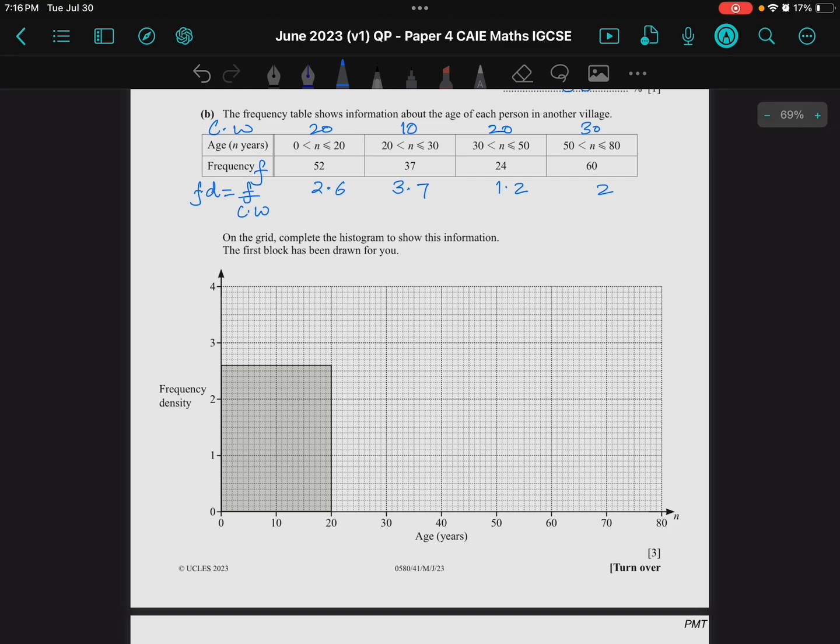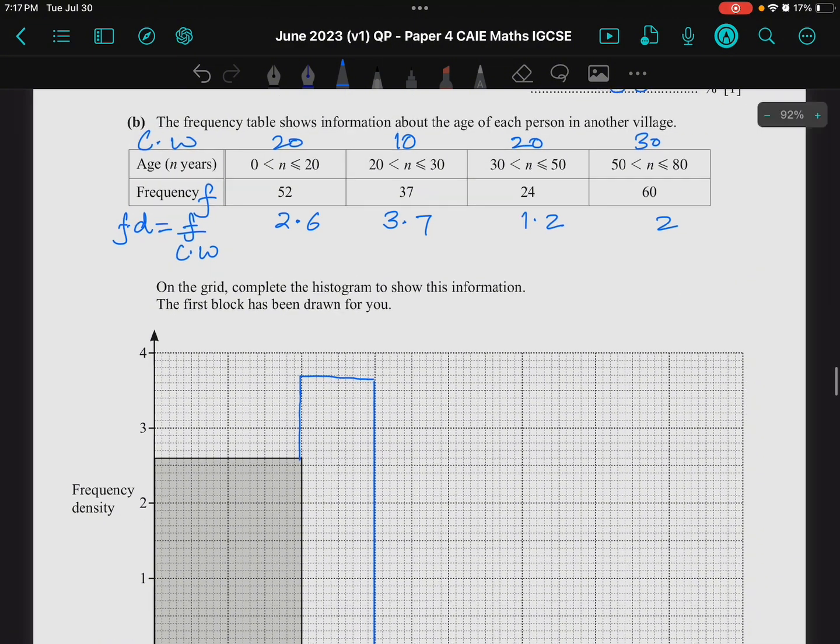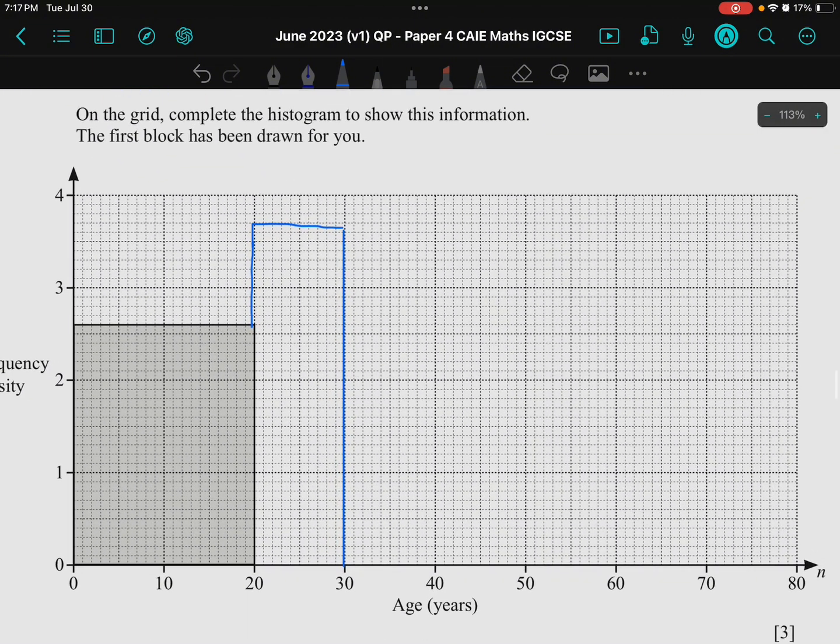So draw the diagram for class width. For the first class width of 20 it is given as 2.6. For the second, class width 10, it is 3.7. So first mark here, it is 3.7. So draw the line. This is 3.7. Now for class width 20 it is 1.2. 1.2 will be here. And then join downwards.